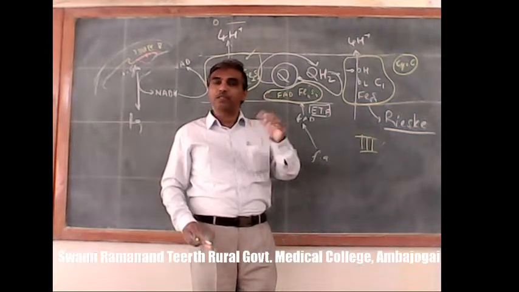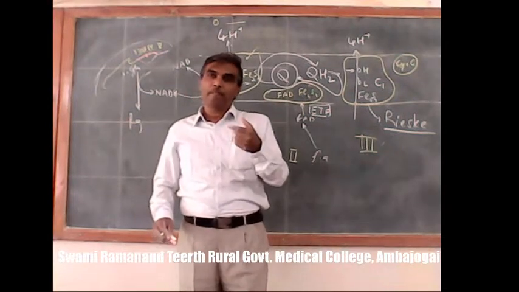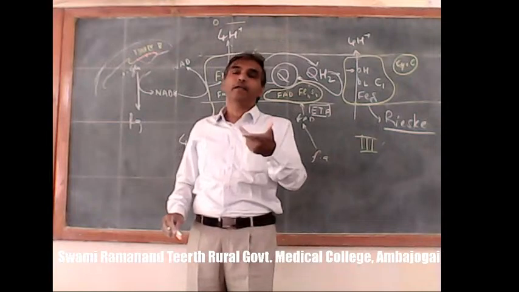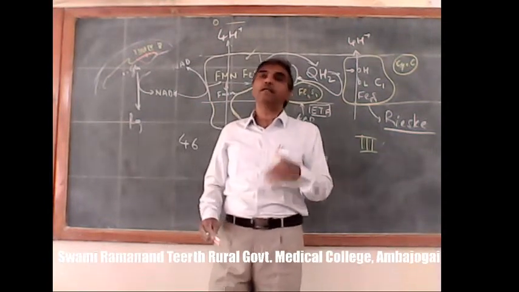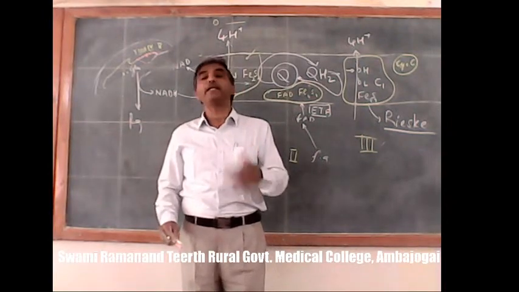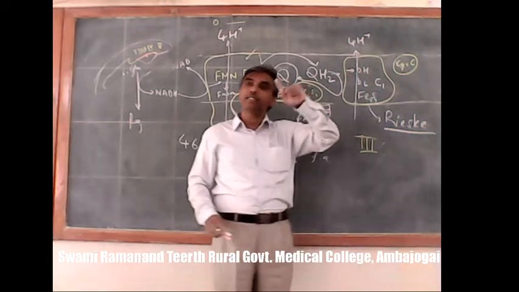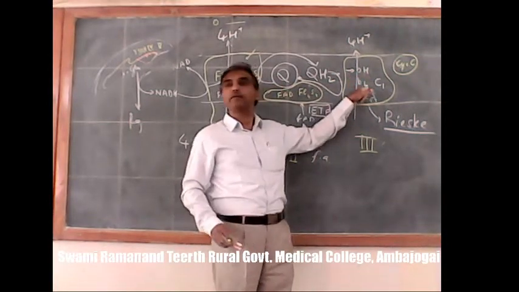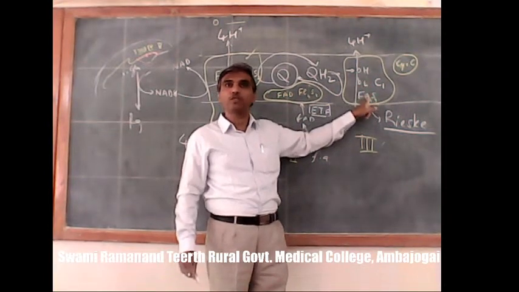The iron in cytochrome has 2 forms and is interconvertible, ferrous and ferric. When it accepts an electron, it is in ferrous form. When it donates, it is converted into ferric form. So a single electron is required, and at a time a single electron is taken up by these cytochromes.